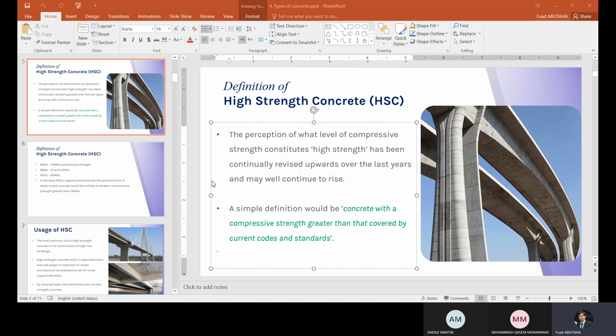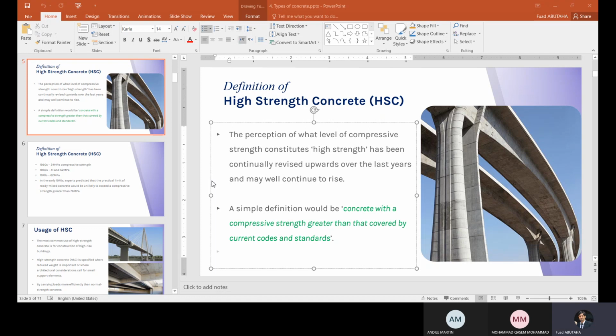There is no method like this, but there is some information that can help you when you want to design high strength concrete. This information helps you in your design.